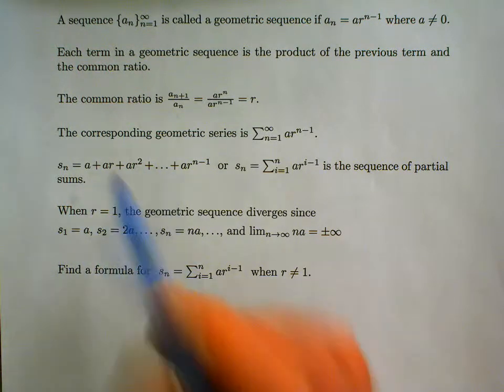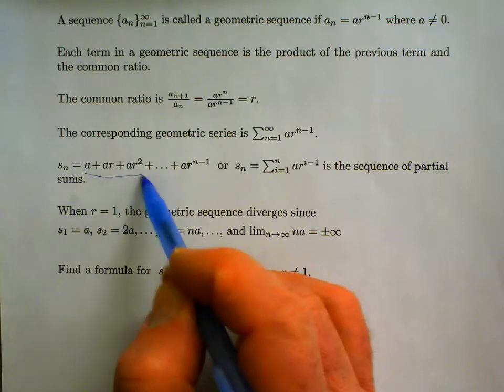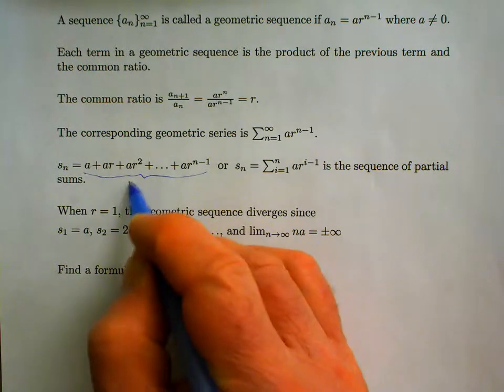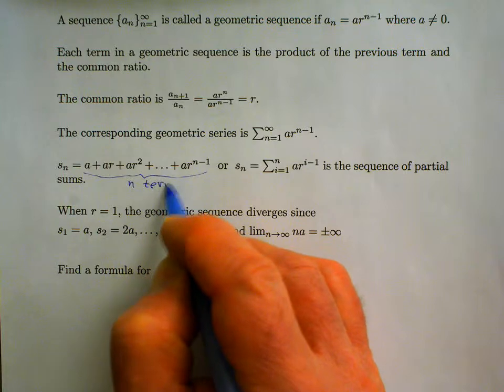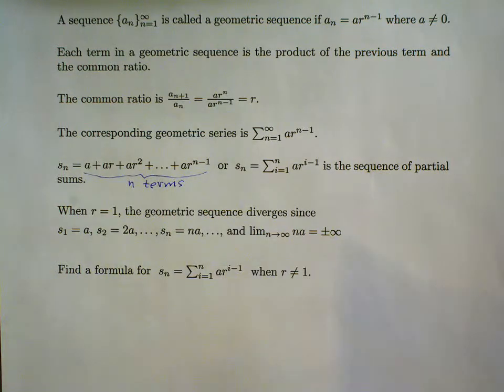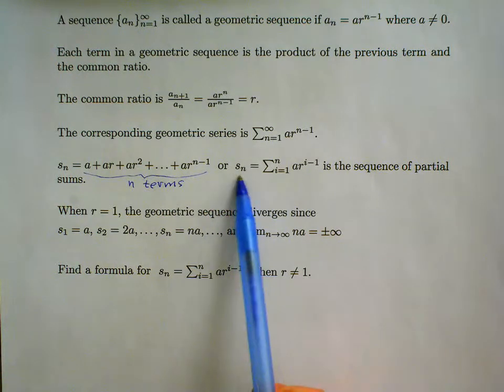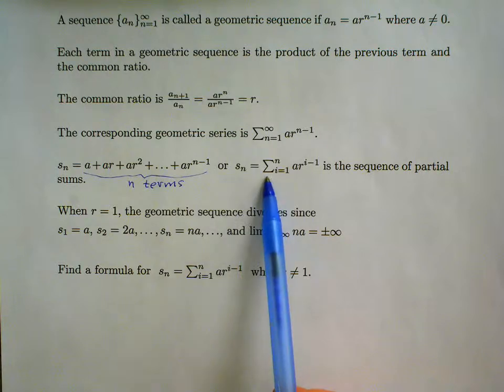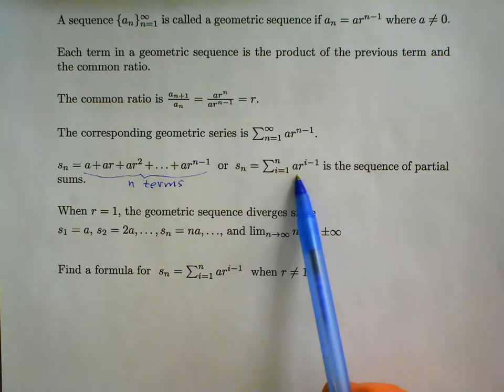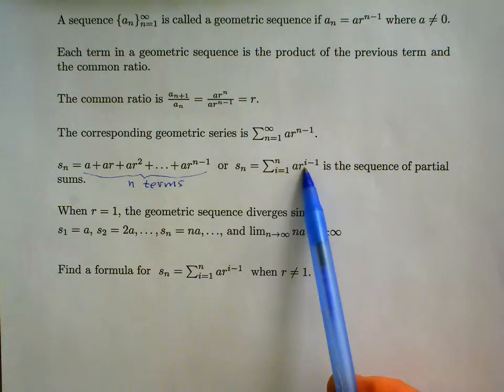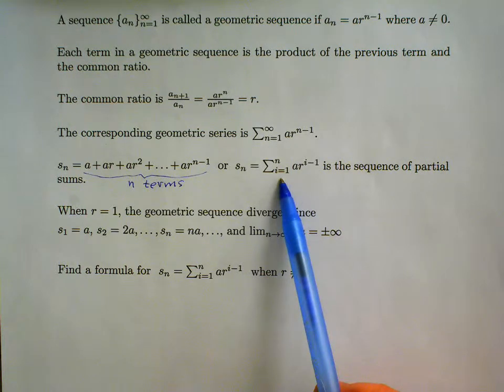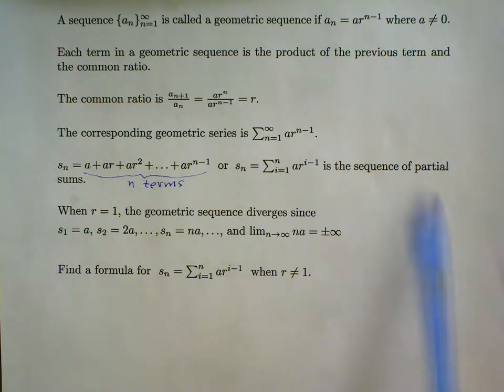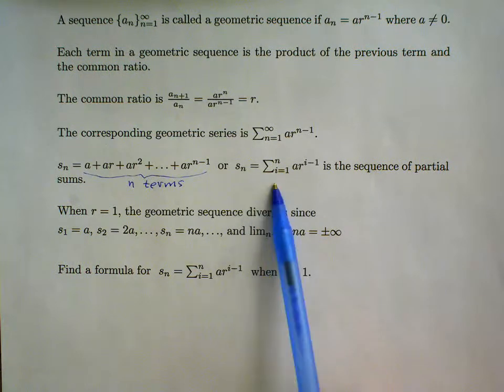So you can see that there are n terms there. Or you can denote this S sub n as a sum of a times r to the i minus 1 as i ranges from 1 to n. This S sub n is the sequence of partial sums.